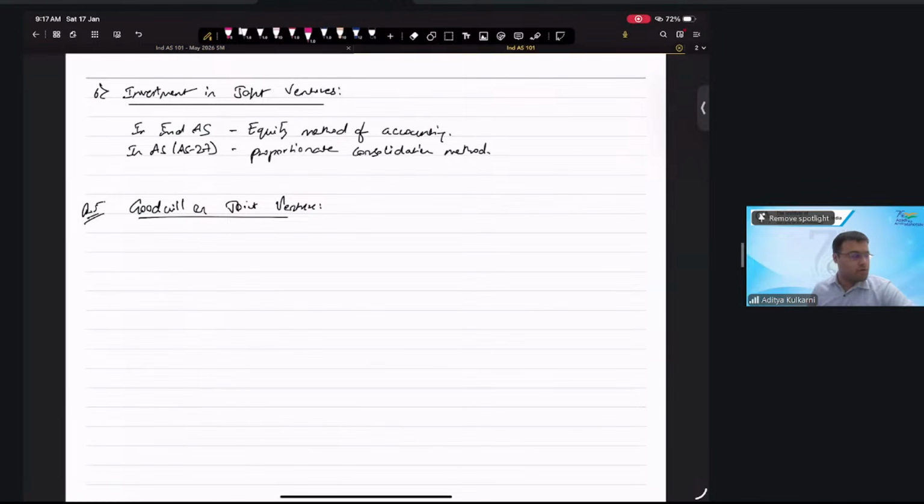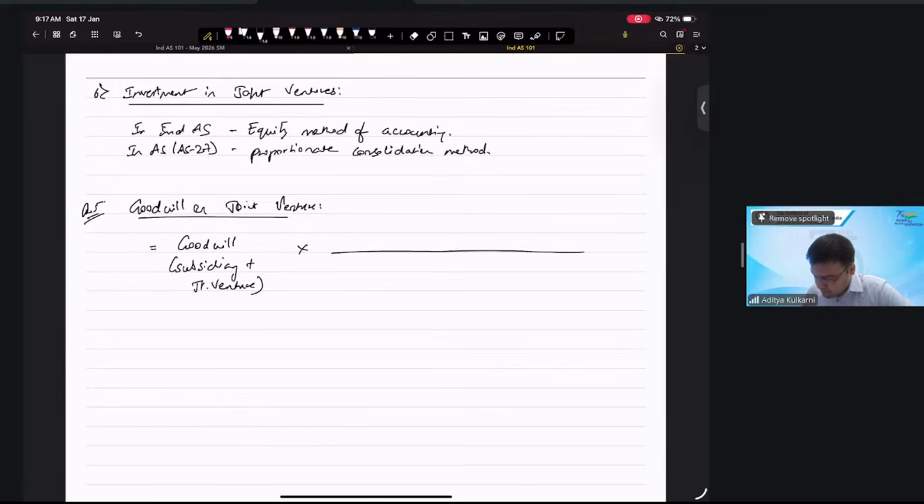Goodwill on joint venture is equal to goodwill of subsidiary plus joint venture, multiplied by the proportionate net assets of the joint venture divided by the corresponding net assets of the group, which is the total of parent plus subsidiary plus joint venture.